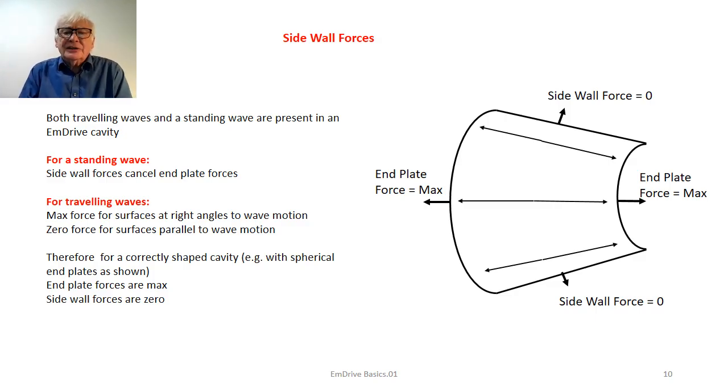Whereas when it gets to each end plate, it is actually at right angles to the end plate at any particular point on the end plate, and therefore will produce maximum force. So in a correctly designed EmDrive cavity, the thrust is indeed the difference of the two end plates, and the sidewall forces can be 0.